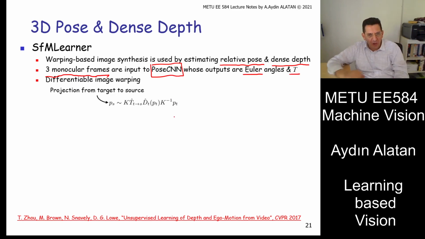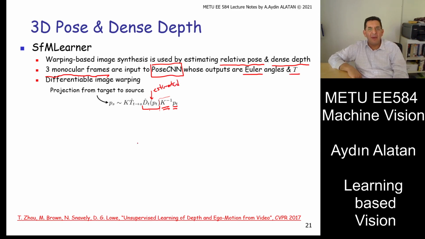Now, first of all, from a point on one image, using K inverse as your camera intrinsic, this is your depth, the dense depth, from your homogeneous line that is going to infinity. This is creating the point that you have. This will be estimated, by the way.